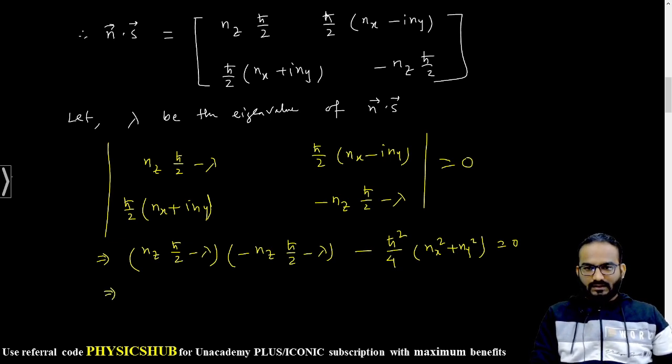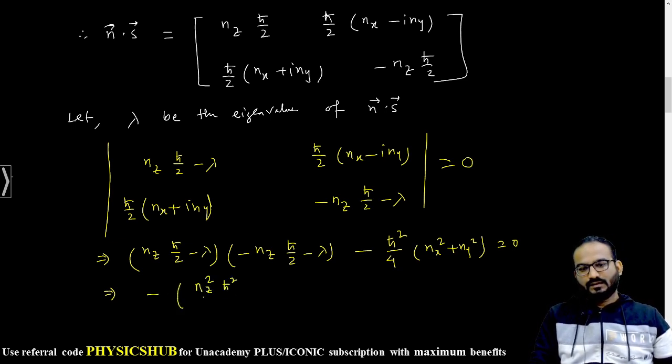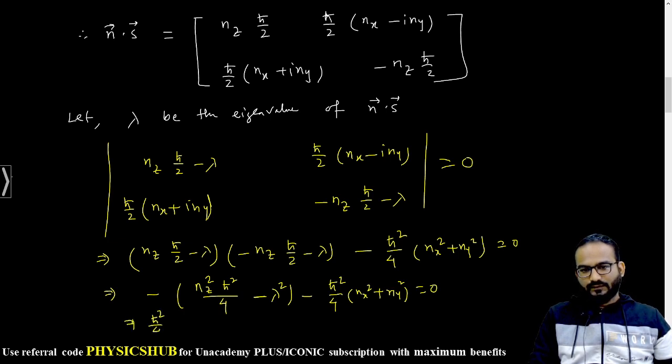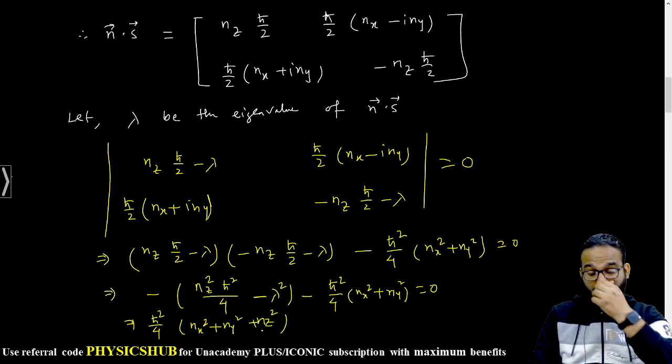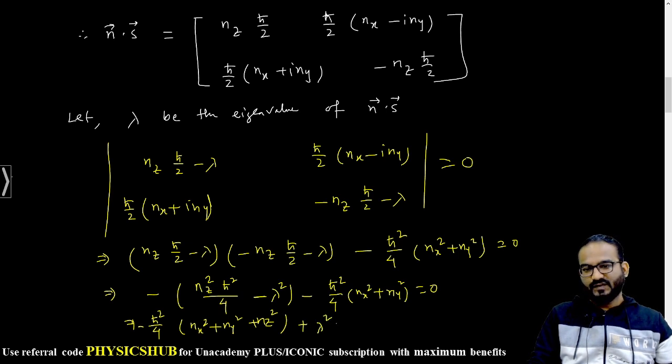Simple as that. It is like a plus b, a minus b, with the minus sign. So nz square h cut square by 4 minus lambda square, minus h cut square by 4 times nx square plus ny square, is equal to 0. We can take h cut square by 4 common, and we can just write nx square plus ny square plus nz square. Don't worry about the negative sign, it will be taken care of by this.